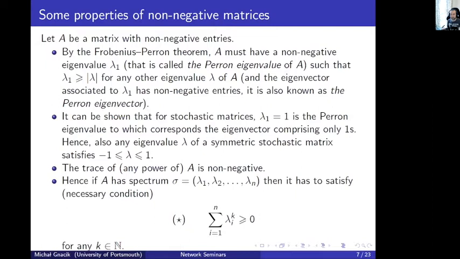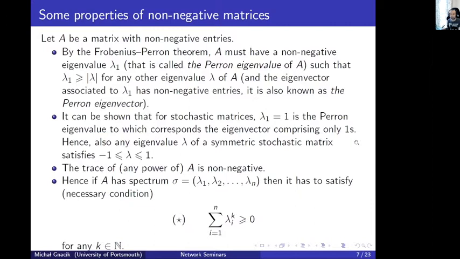It just comes from the fact that its rows sum up to 1. So if you take your matrix and multiply it by the vector of ones, what you're doing is summing up every row, so you're going to get ones. So you can see that this is the eigenvalue 1, which has the corresponding Perron eigenvector of ones, right?